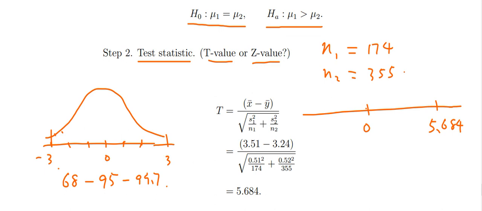So 3 is a big number, 4 is a big number. The T table is also like that. So this number is quite big.